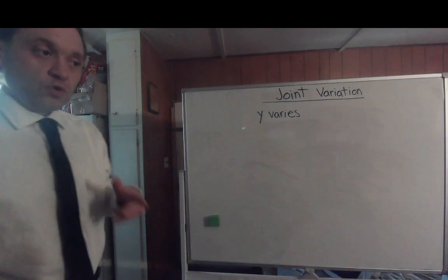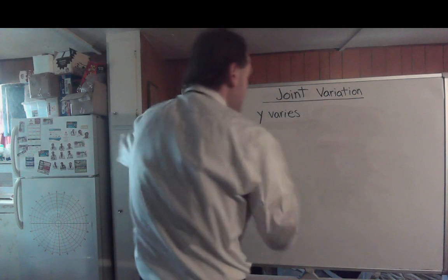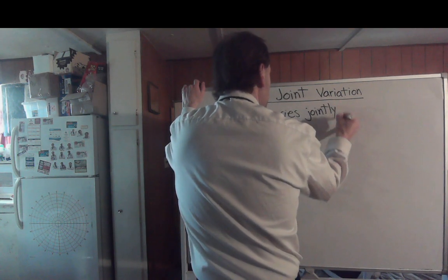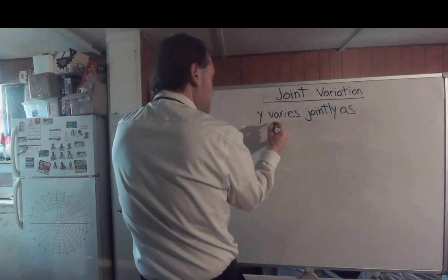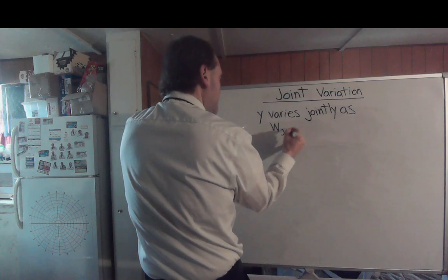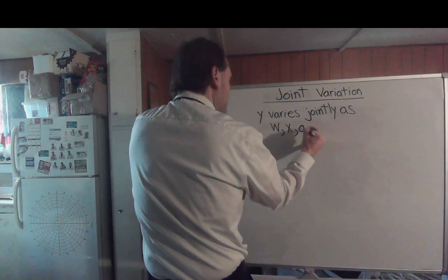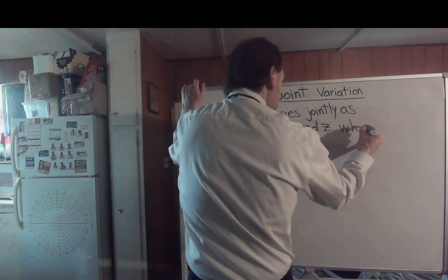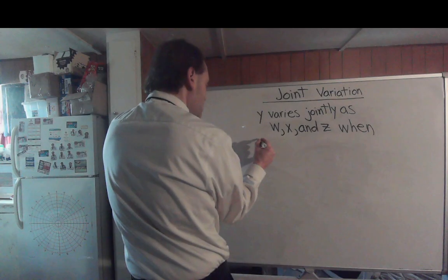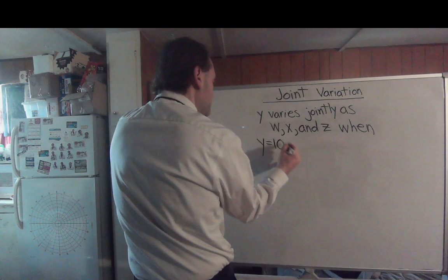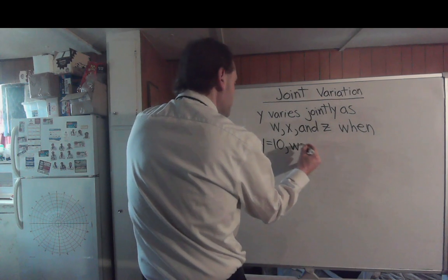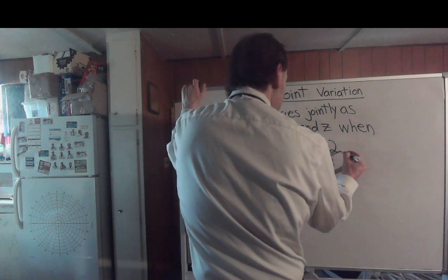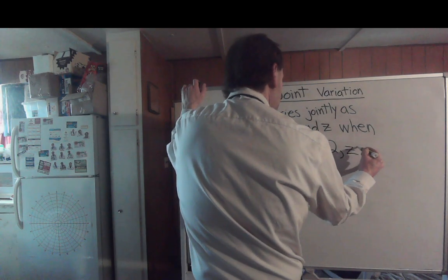So, one form which we're going to start with is y varies jointly as w, x, and z when y equals 10, w equals 1, x equals 2, and z equals 3.